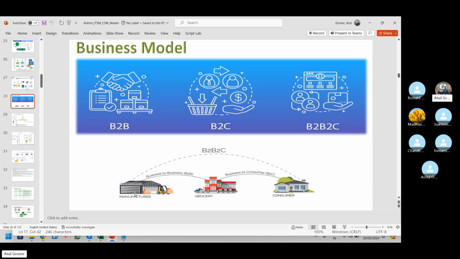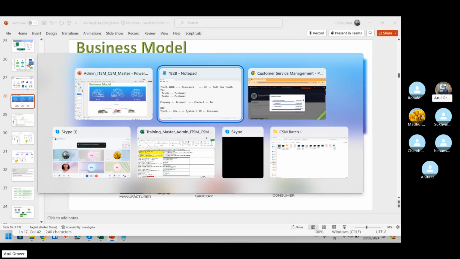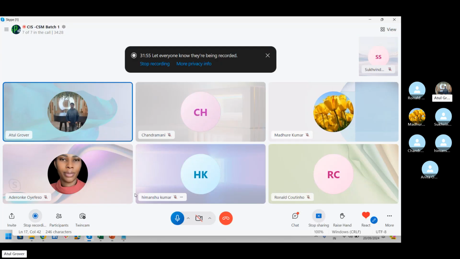So any person who is available in the market and purchased a service or a good from a company is a consumer. Now if I say Sukhwinder, Atul, Chandramani, Madhuri, Ronald, Himanshu and Anita, we all are consumers.